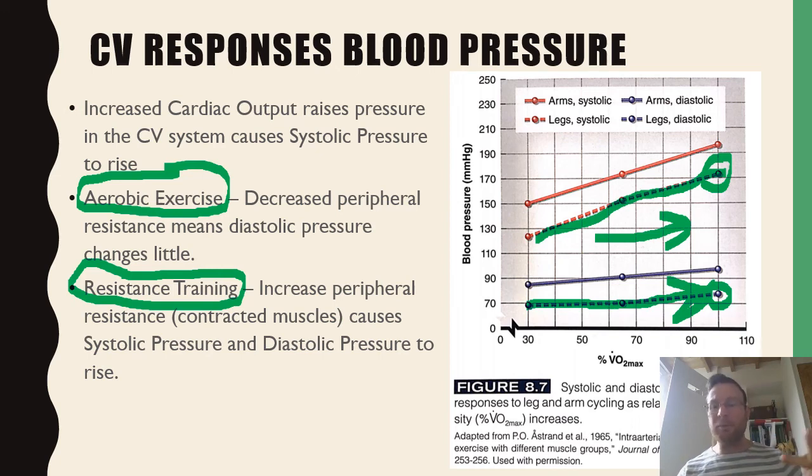This is why in people with blood pressure problems, some resistance training exercises can be quite dangerous and advised against. Very high intensity, very powerful exercises sometimes cause large increases in systolic and diastolic pressure together.